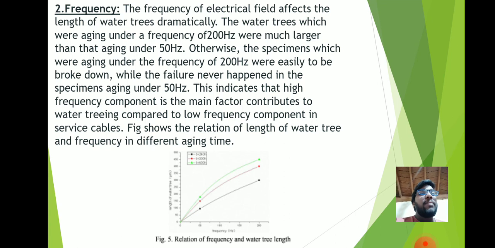Otherwise, the specimens aged under 200 Hz broke down easily, while failure never happened in the specimens aged under 15 Hz. This indicates that the high frequency component is the main factor contributing to water treeing compared to the low frequency component in service cables.